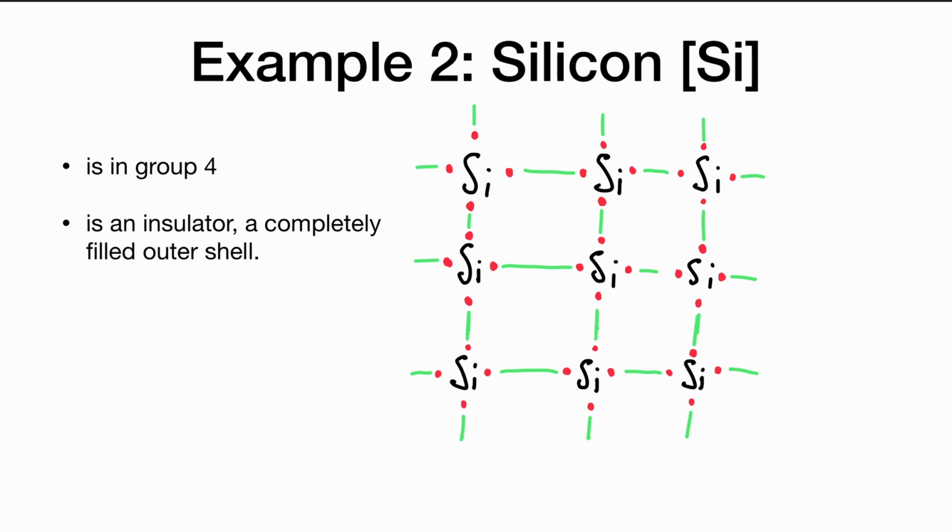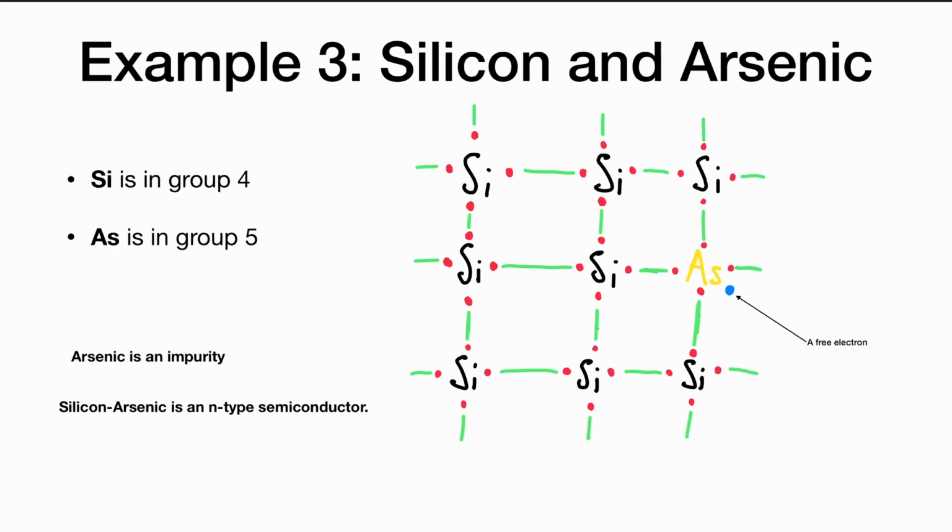Let's do something interesting though. Let's target this atom and swap it out for something else. Let's consider, for instance, arsenic. Arsenic is an element which is in group 5, which means it has 5 electrons available for bonding.